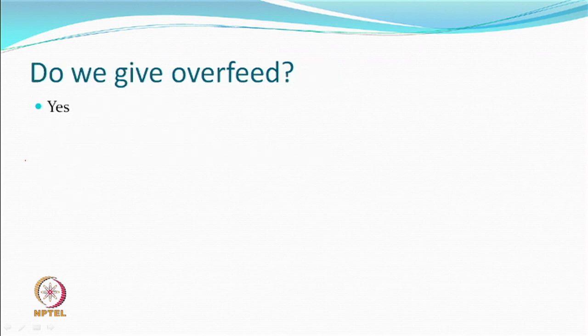Do we give overfeed? Of course. Whether it is the air jet or it is the stuffer box, we are giving overfeed. So, overfeed will also decide what is going to be the number of crimps and frequency of the crimps. Of course, when you say hot fluid, there is a pressure also involved. So, this aspiration and separation, everything else, there is a pressure also involved. So, you have pressure governing systems also.